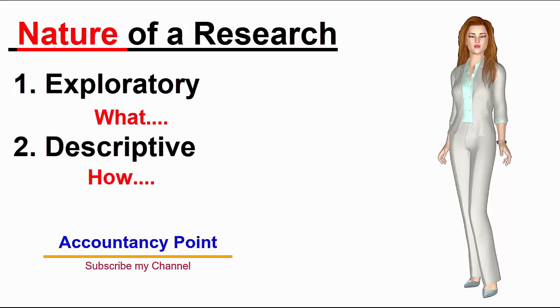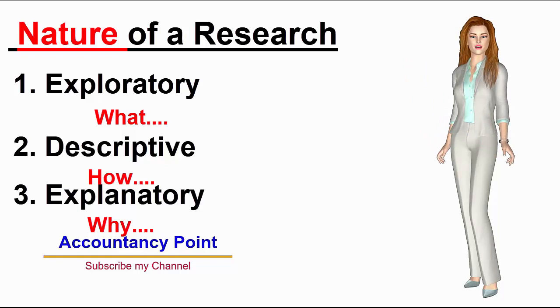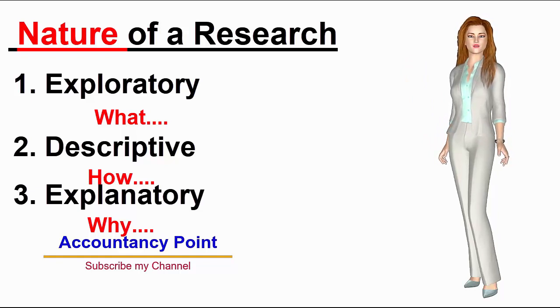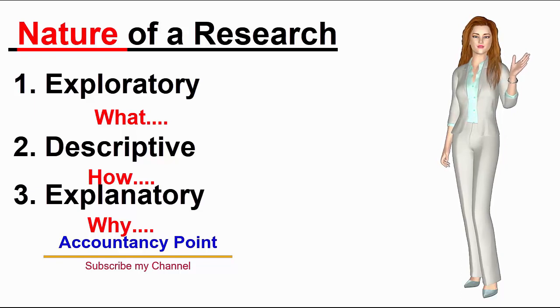If you are going to do descriptive research, your question is most likely going to start with the word how. That again makes logical sense. How do these things work together? And with explanatory research, your research question might start with why, because you are trying to explain why those things are happening.